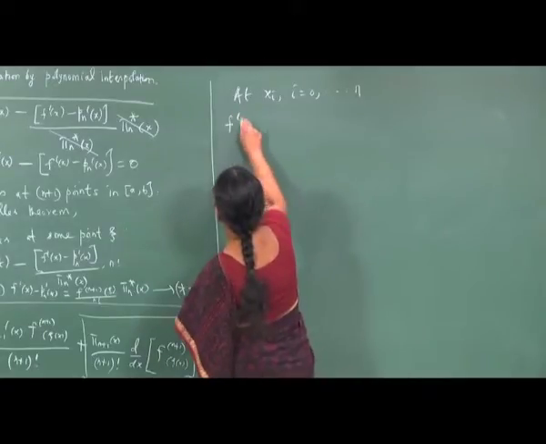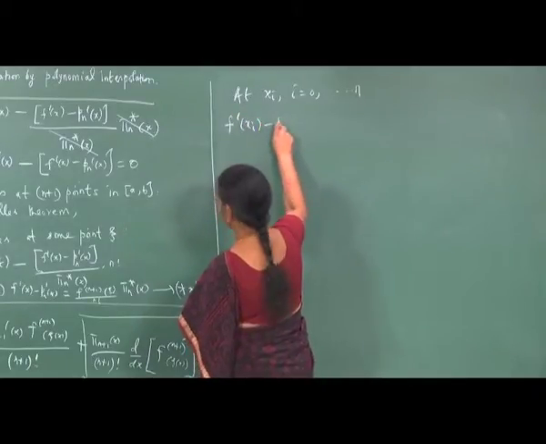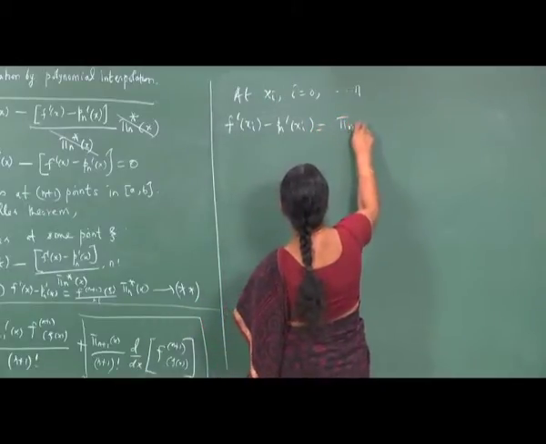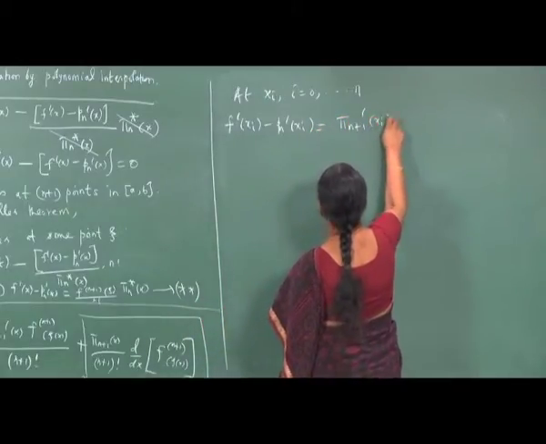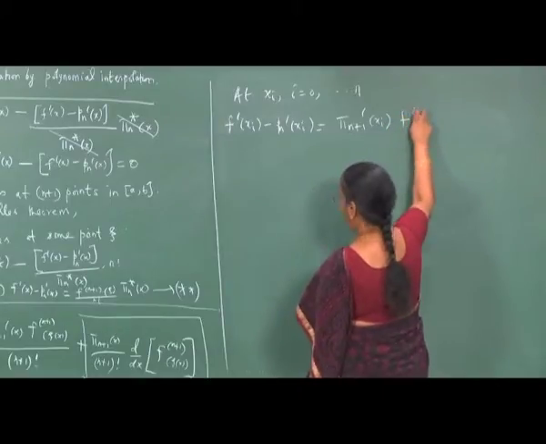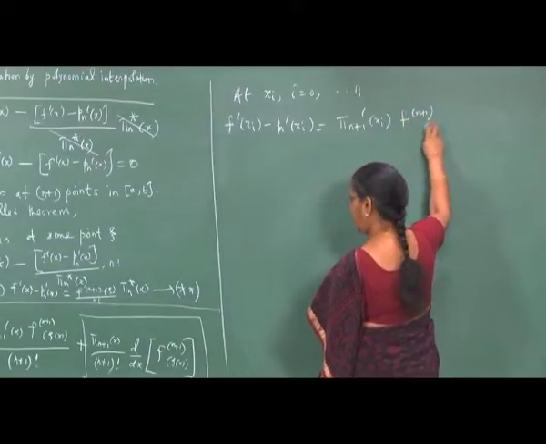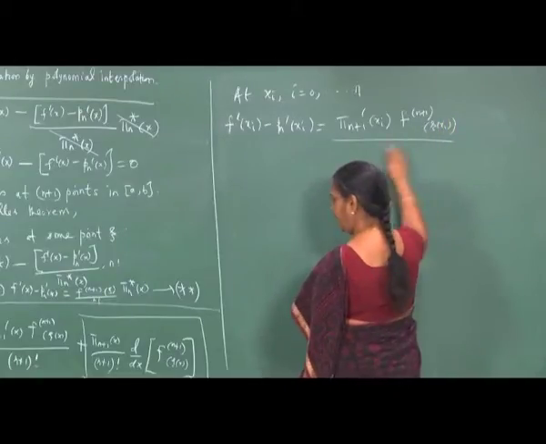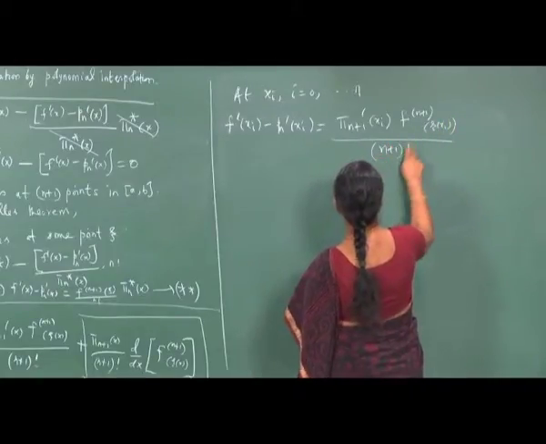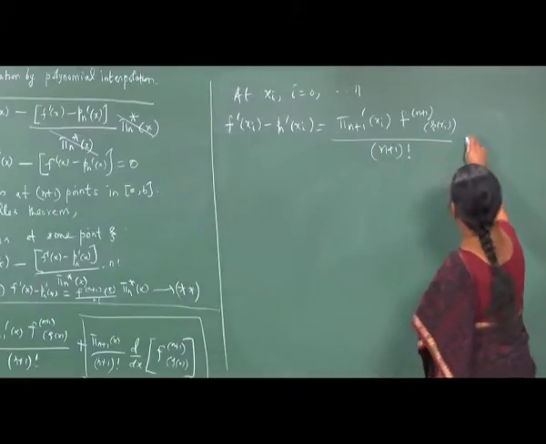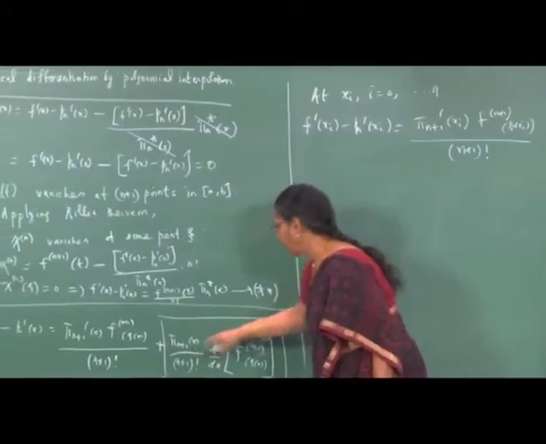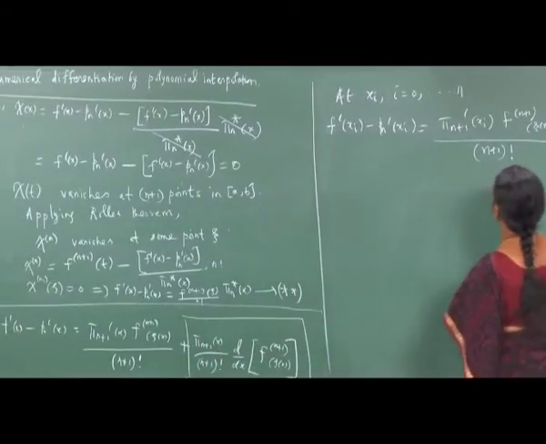we compute what is f dashed of xi minus p n dashed of xi, and we observe that it is pi n plus 1 dashed of xi into the n plus 1th derivative at psi of xi divided by n plus 1 factorial. Then let us look into the second term. The second term involves pi n plus 1 of x.